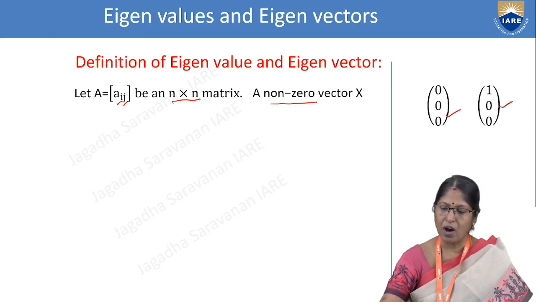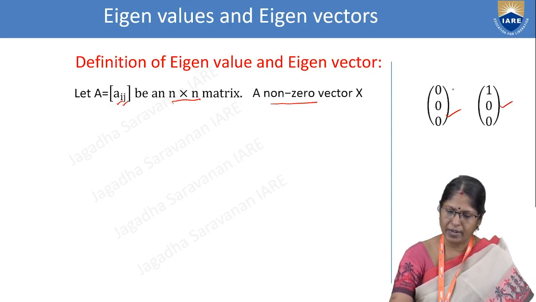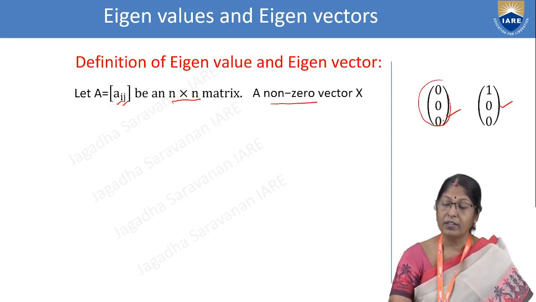This is a zero vector because it is a column matrix where all the elements are zero. According to our definition, capital X compulsorily should not be a zero vector. It should be a non-zero vector, like this type.